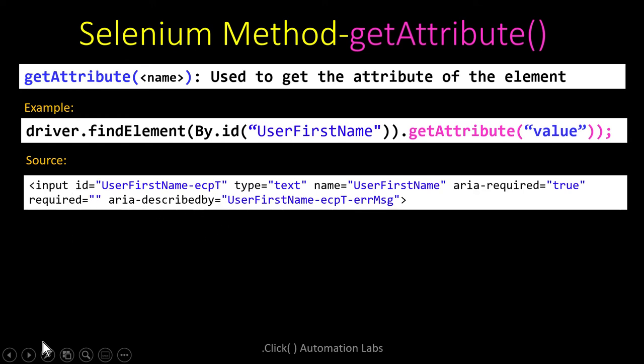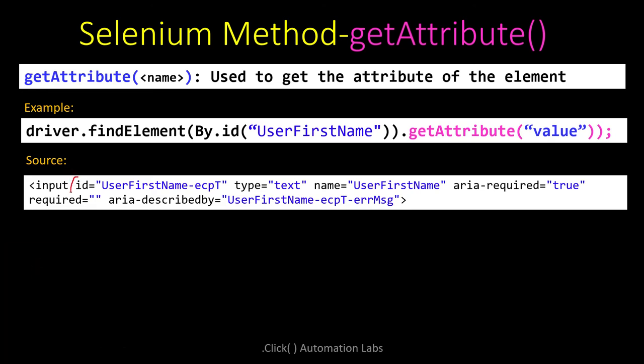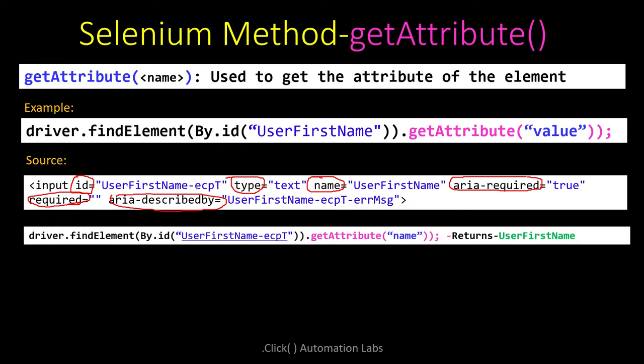In this source code, these are called attributes. ID is one attribute, type is another, name is another, aria-required is another, and there are a few more. If you want to retrieve any of these attributes, we use the getAttribute method.